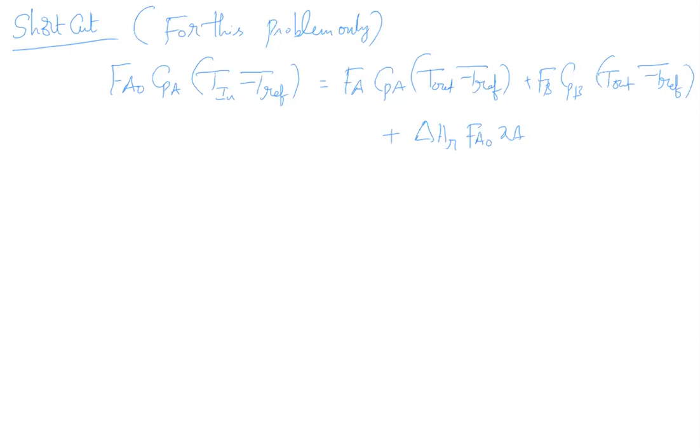Now, in this problem, Cp of A is equal to Cp of B, which is equal to, let's say, Cp. For this problem, FA naught is equal to FA plus FB also. Why is this?